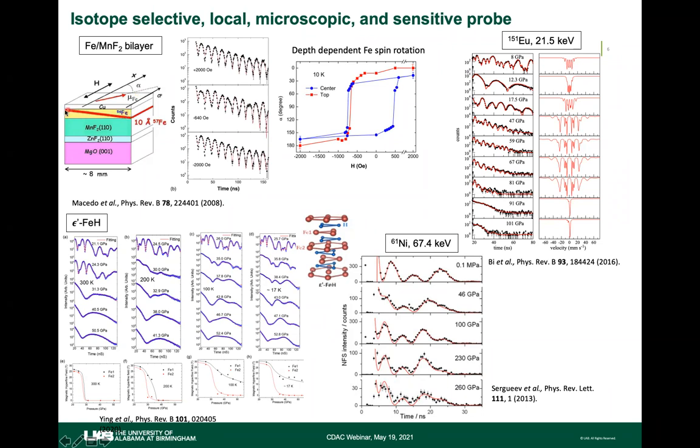And then this group deposited a wedge shape of iron-57. So this is a very thin layer, about 10 angstrom. And then they apply an external magnetic field, with the X-ray almost parallel to the field, and they can actually determine the spin angle at different depths based on the iron-57.